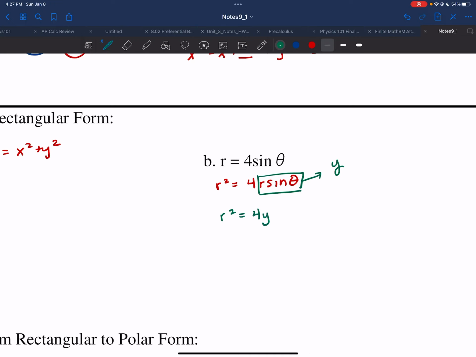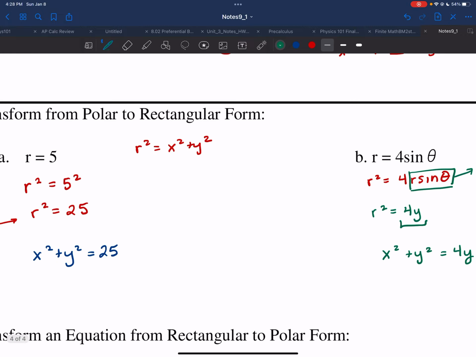And of course, we also know that x squared plus y squared is equal to r squared. So I'm going to set them equal. So I have x squared plus y squared equals 4y. And again, I would move that over to the other side and complete the square. And then from there, we can actually figure out where the center is.